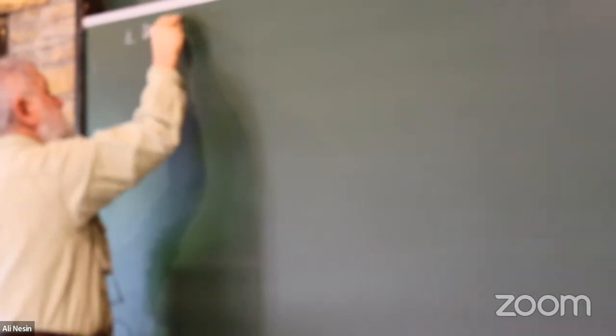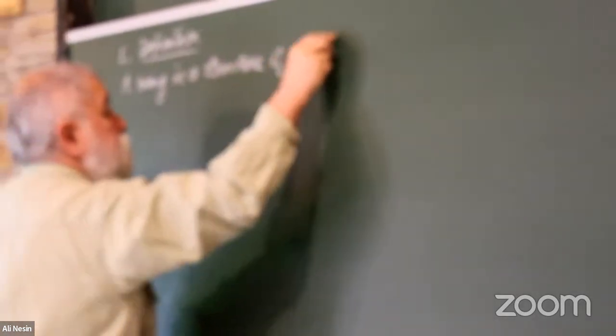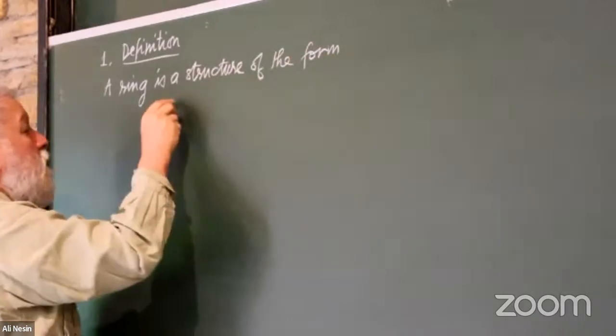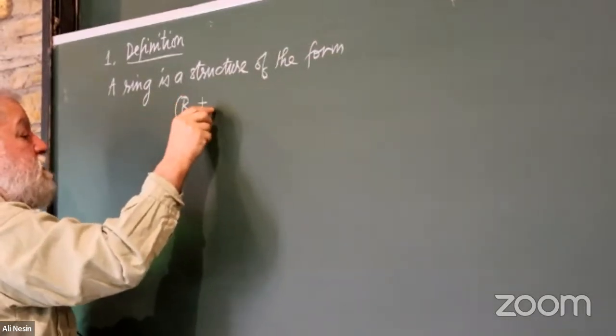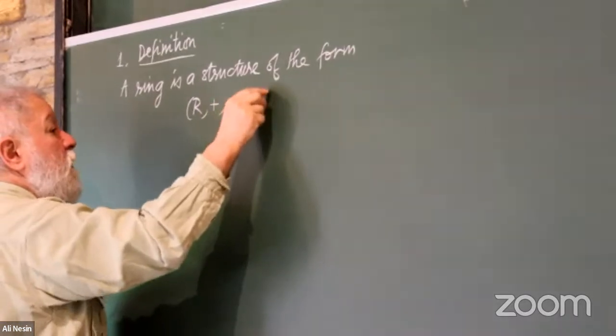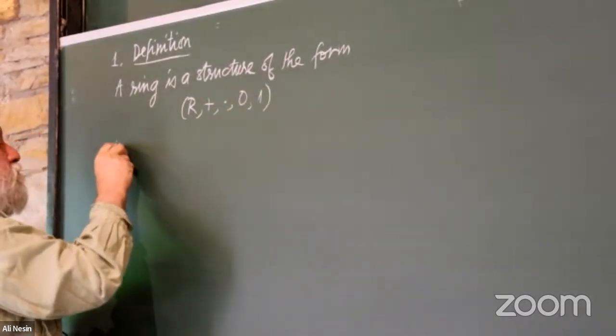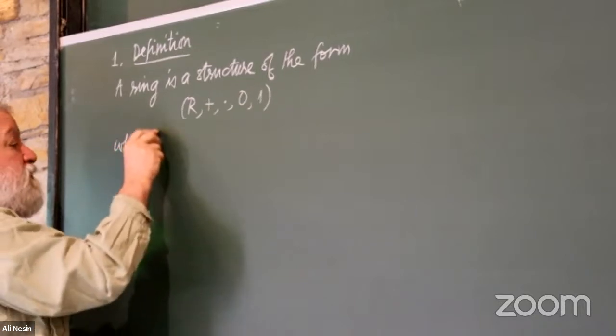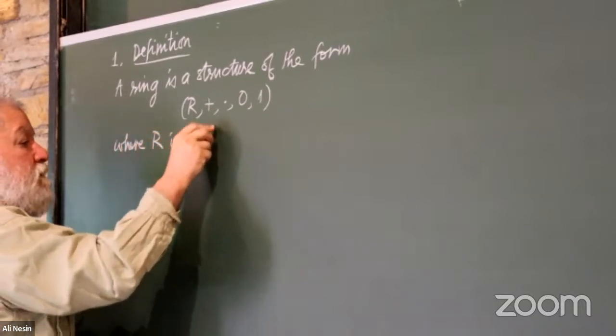Chapter 1, definition. A ring is a structure of the form R, plus, times, 0 and 1, where R is a set.